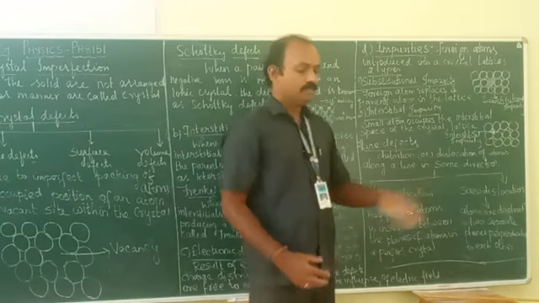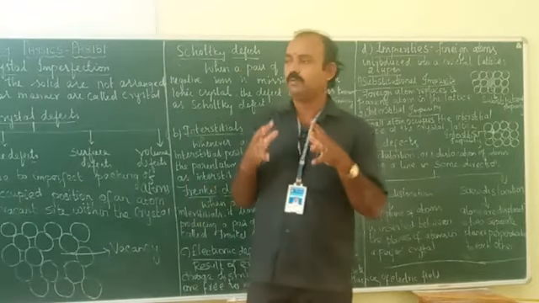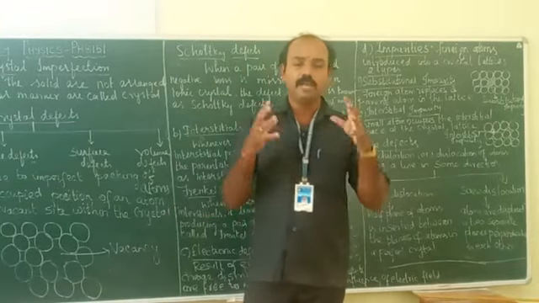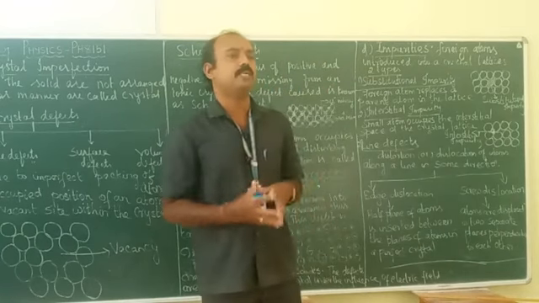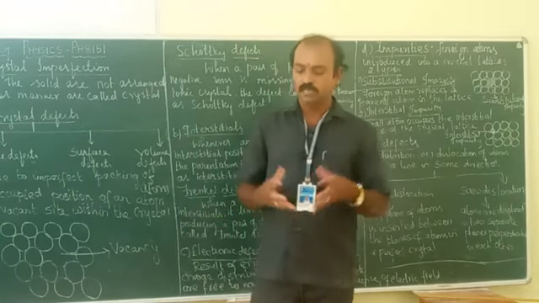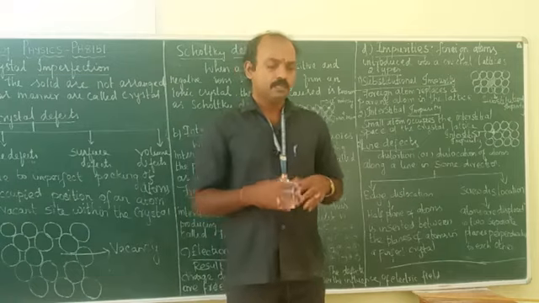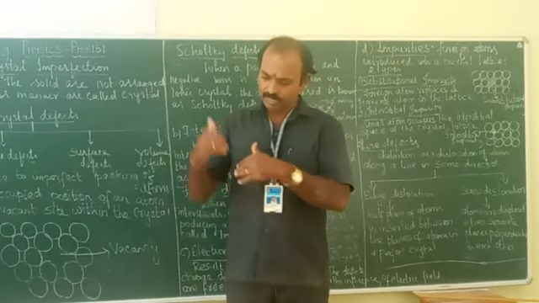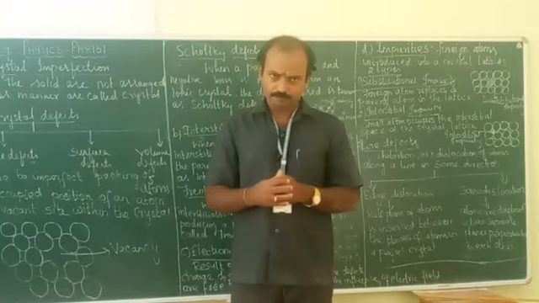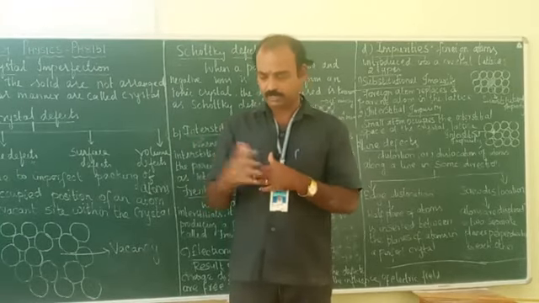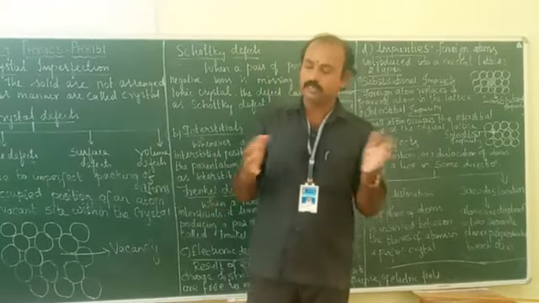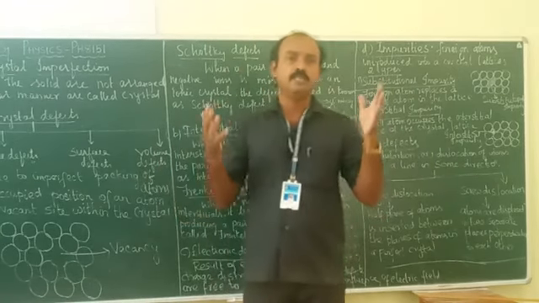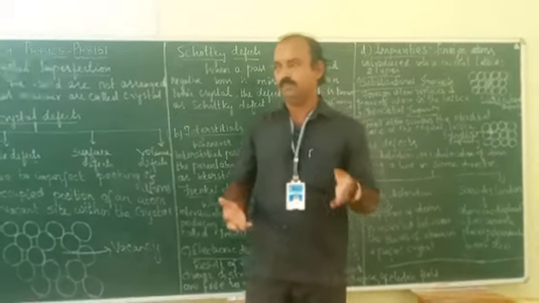So what is a defect? The systematic arrangement of atoms is disturbed by various external causes that lead the crystal to be in an imperfect state, that is a defect. These defects are classified into many types: point defect, line defect, surface defect and volume defect.